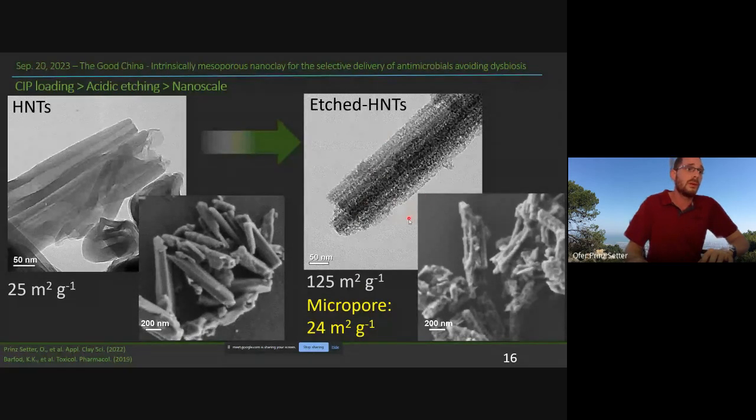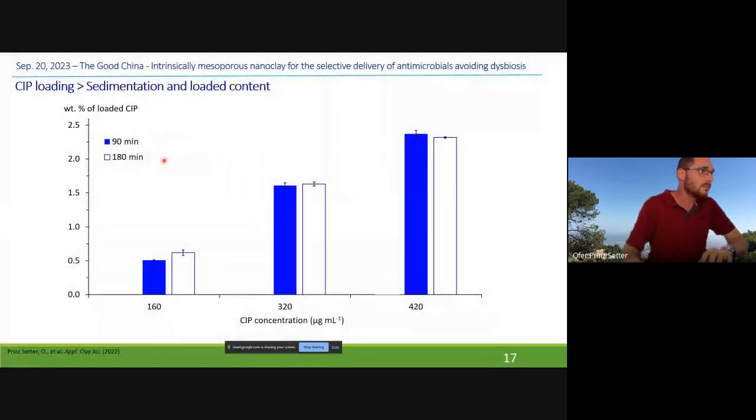So the material becomes much more porous, which is very good for loading and release. We tried a variety of loading conditions, loading time, and concentrations of antibiotics. And at the constraints of antibiotic solubilization, we reached around 2% weight of loading.